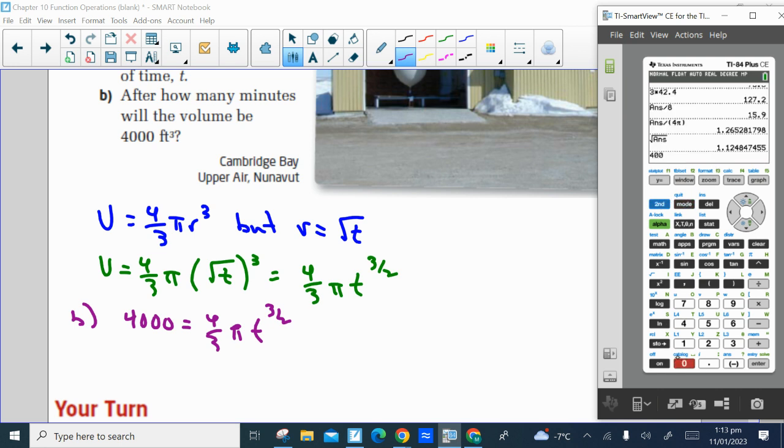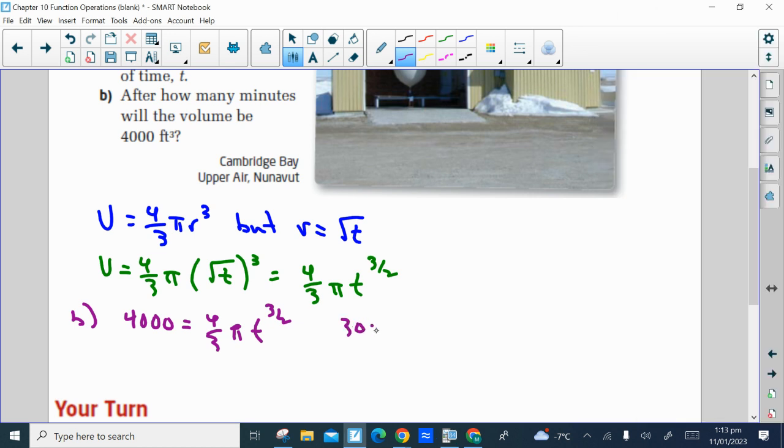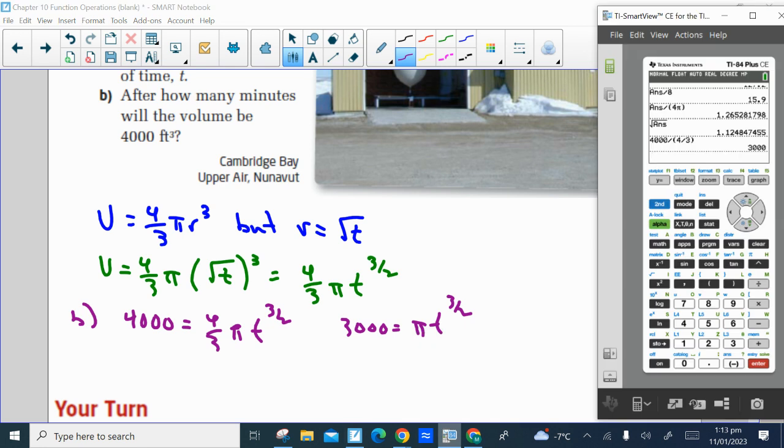So 4,000 divided by, in brackets, 4/3. That gives us 3,000 equals pi times t to the 3/2. Then we would divide both sides by pi.